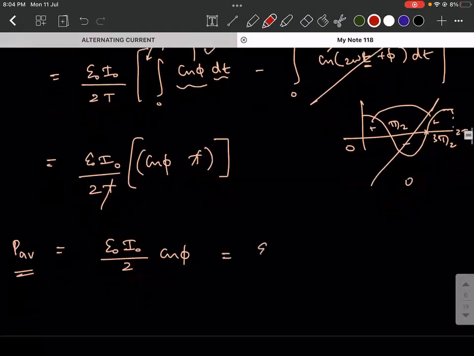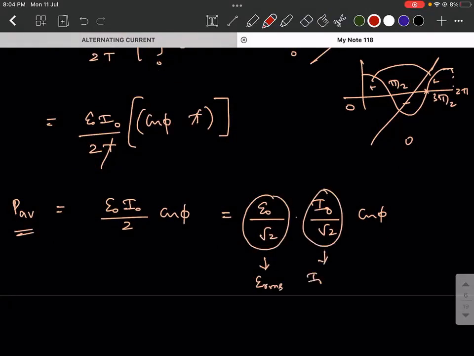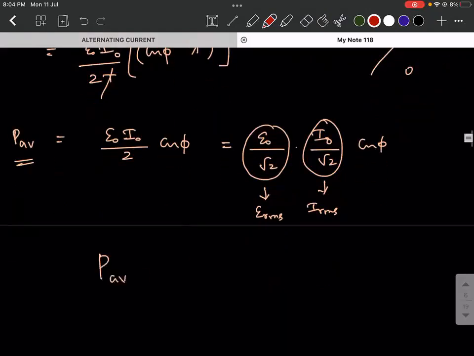I can write it as E naught divided by root 2 into I naught divided by root 2 into cos phi. What is E naught by root 2? It is ERMS, and I naught by root 2 is IRMS. So average power is equal to ERMS into IRMS into cos phi.